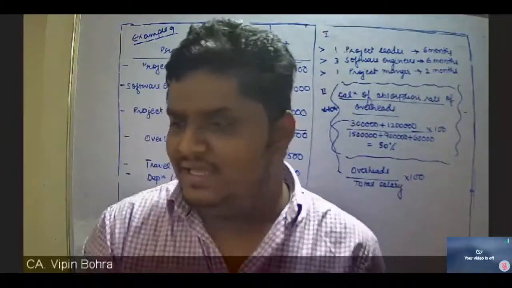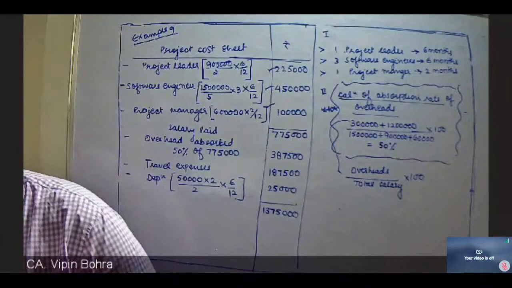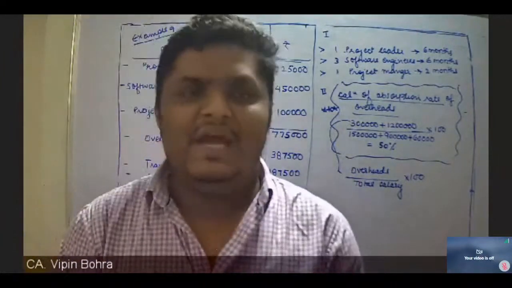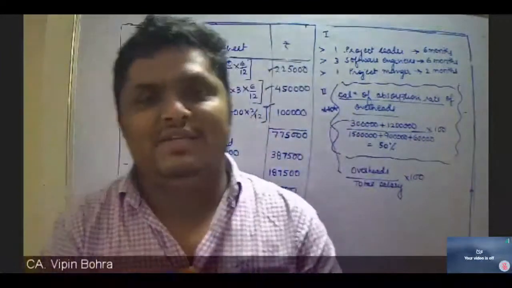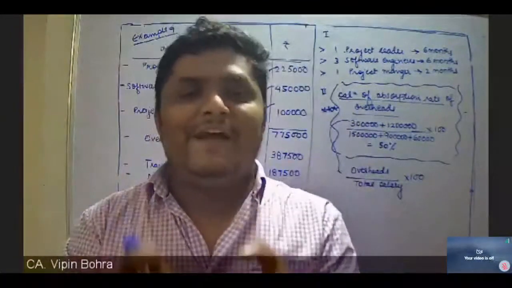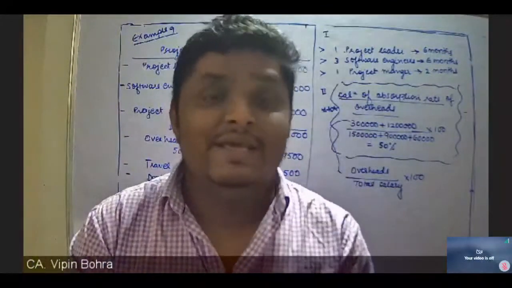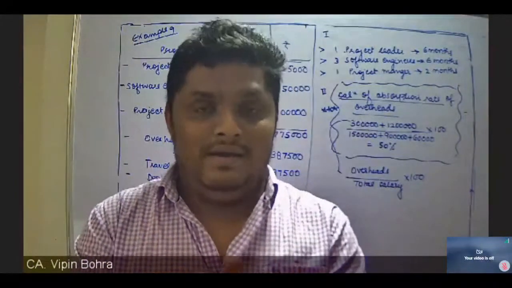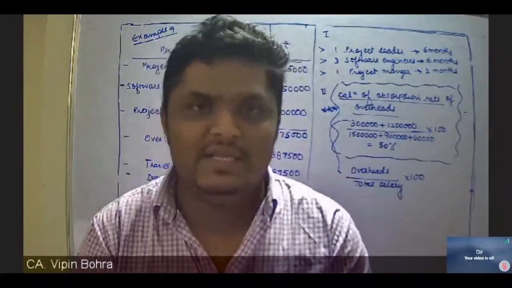Before starting, there is a query of Abhilasha saying why we absorb 50% of salary as overhead. See Abhilasha, I repeat again, in this IT industry, maximum 95% of the task is done by the persons employed in this industry, that is, software engineers or someone like that.